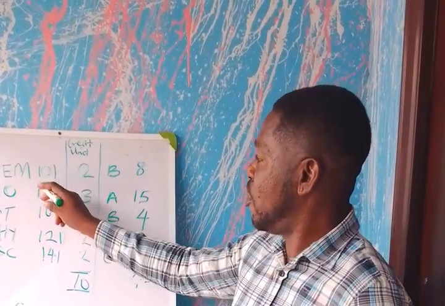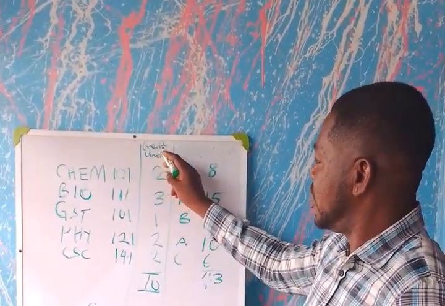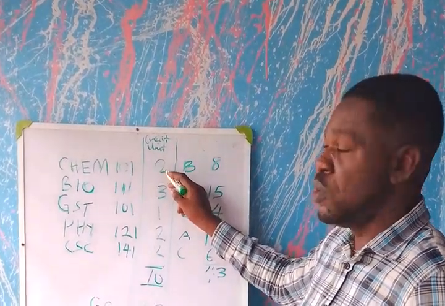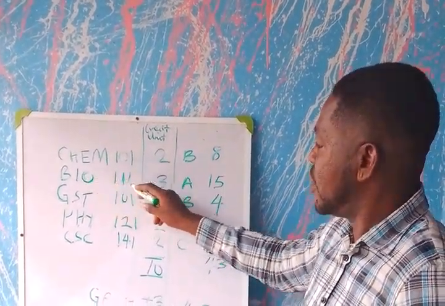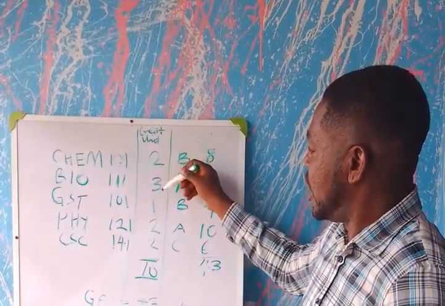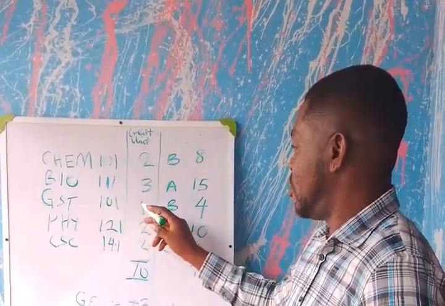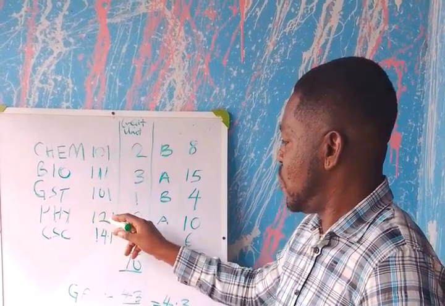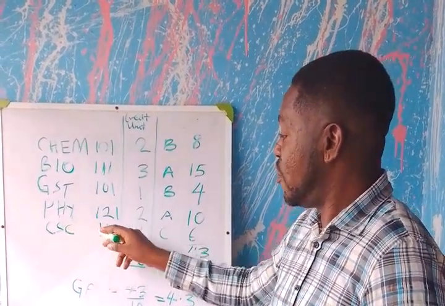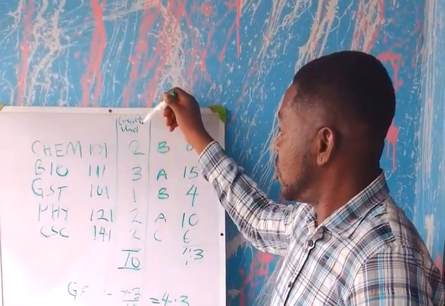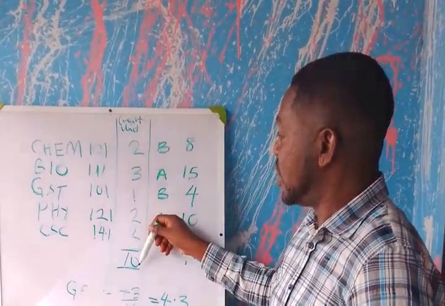Let's assume that for Chem 101 you have a credit unit load of 2, and for Bio 111 the credit unit load is 3. For GST 101 it is 1. For Physics 121 it is 2. For CST 141 it is 2. The total credit unit load here will be 10.